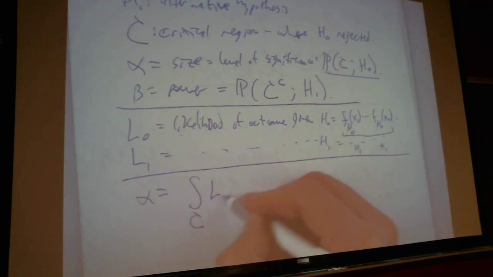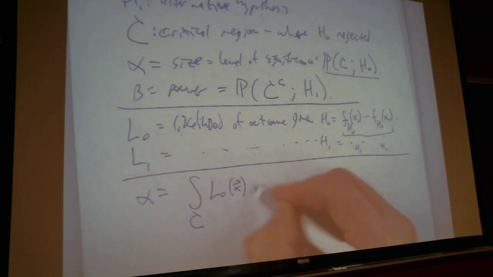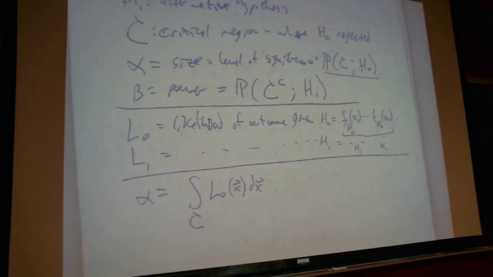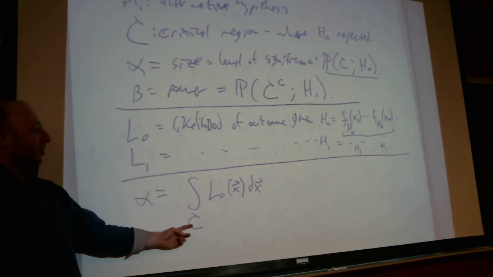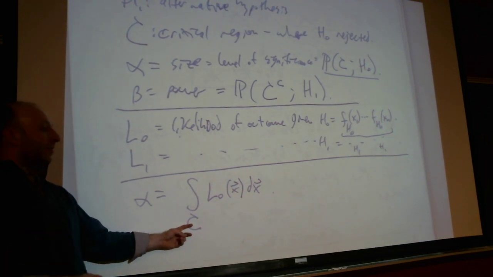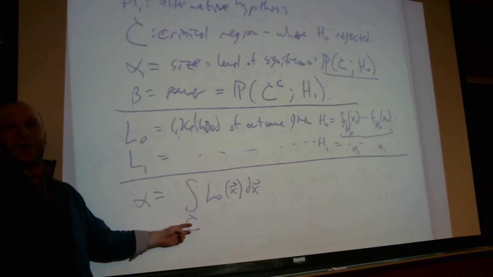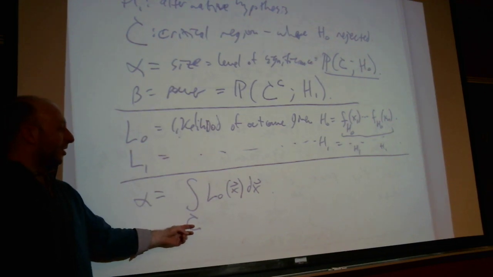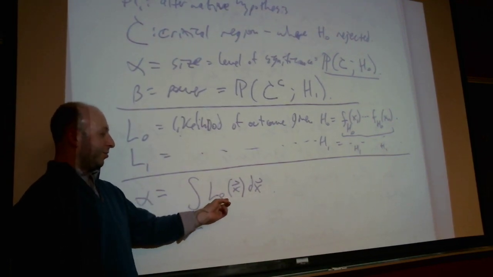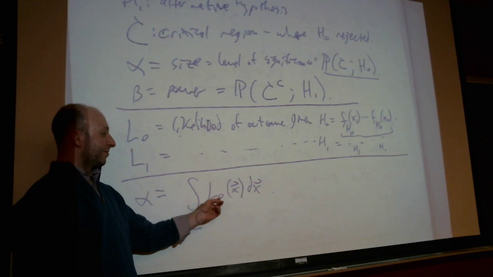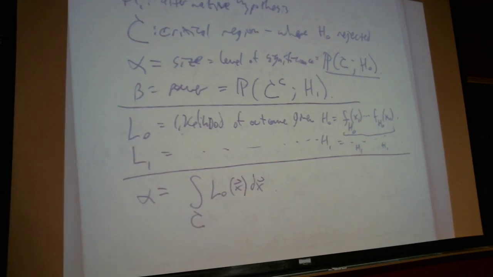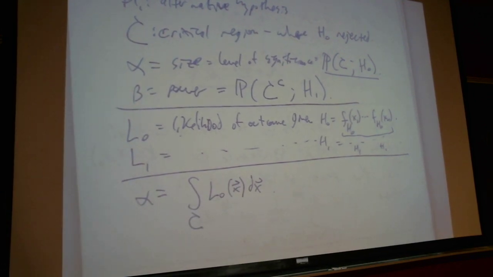In other words, the likelihood of this outcome is exactly this integral. Does everybody see that? So C might be you reject if you see fewer than 14 trials out of 20, assuming that you indeed saw this outcome.